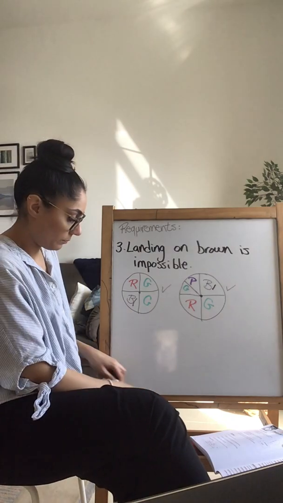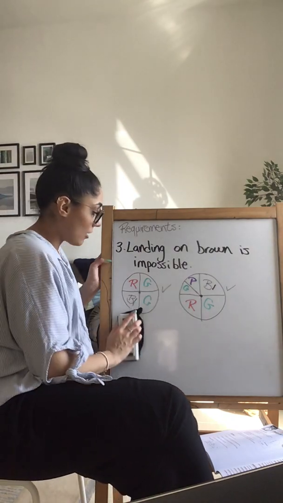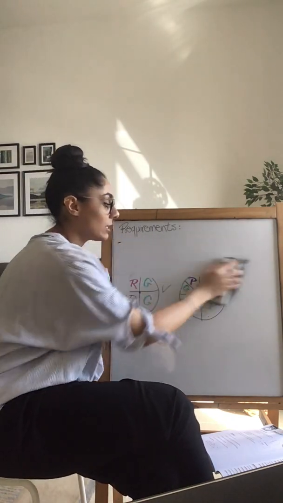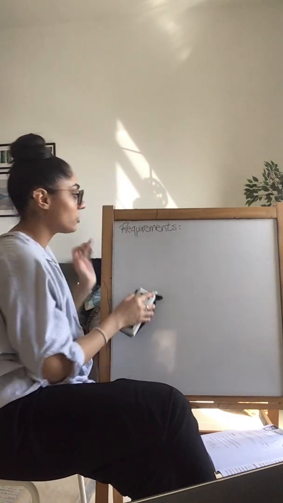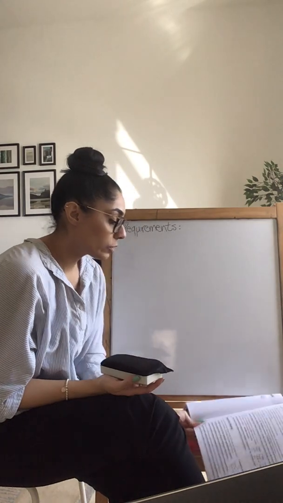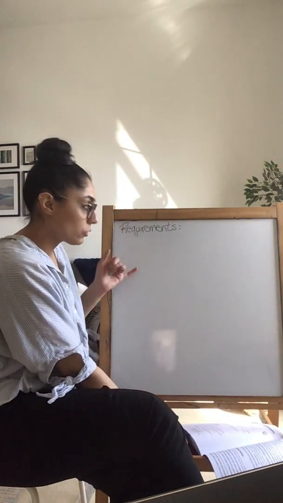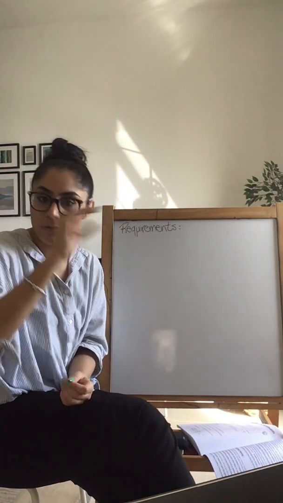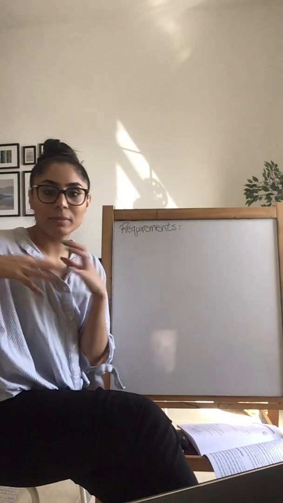It matches. Okay, so I think we get the point now, right? As long as it matches the requirements, your spinner works. Now, those were just one requirement, right? One requirement, spinner. One requirement, spinner.